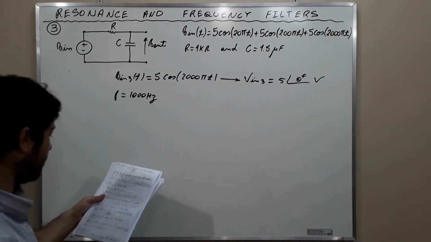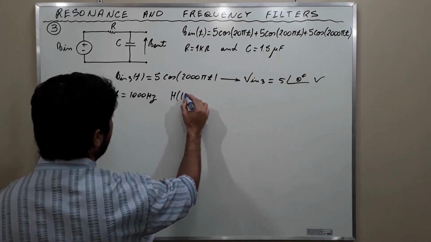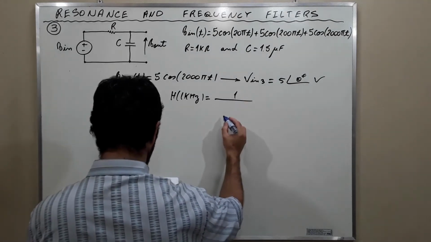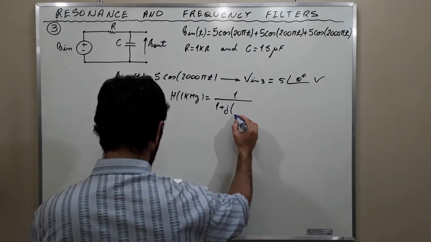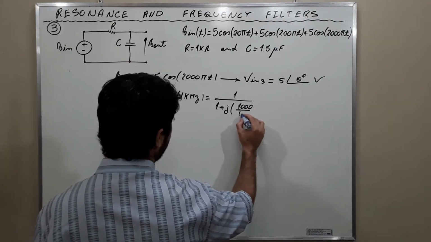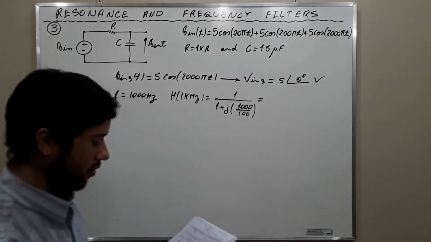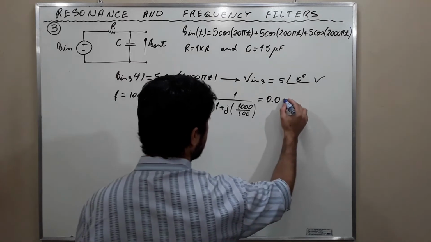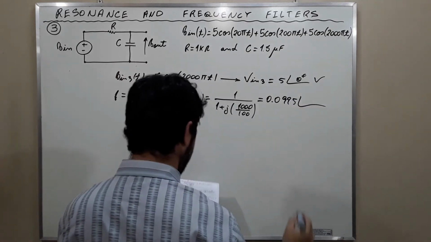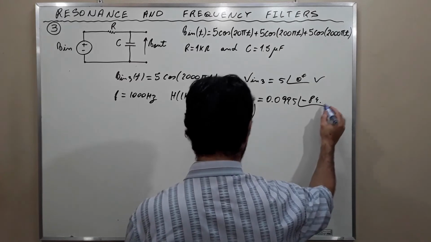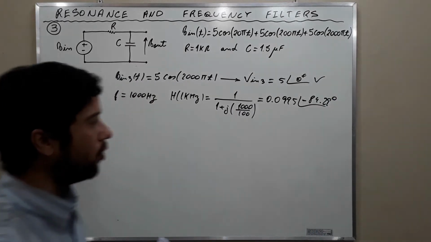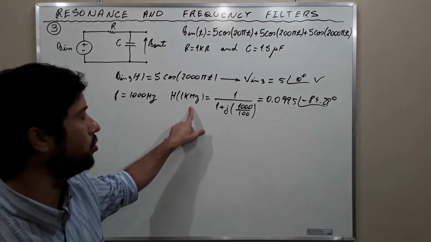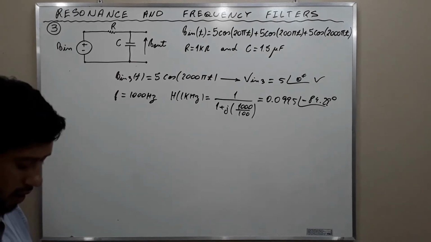And if we calculate the transfer function for 1 kilohertz, we find it is 1 over 1 plus j 1000 over 100, and this is equal to 0.0995 in the phase negative 84.29 degrees. Okay, my friends, this is the value of the transfer function exclusively for the frequency of 1 kilohertz.